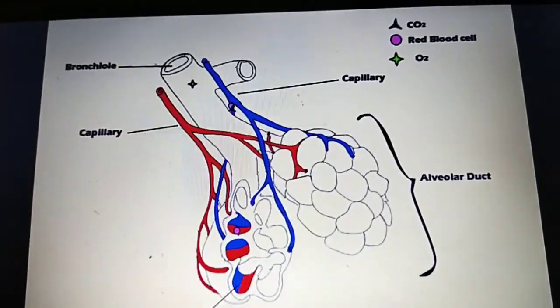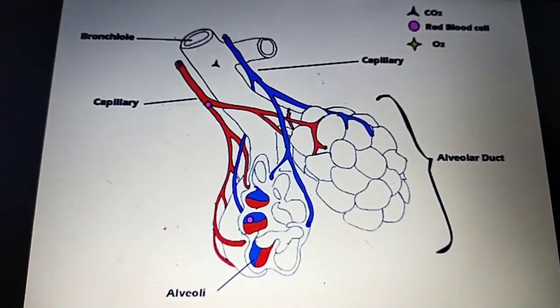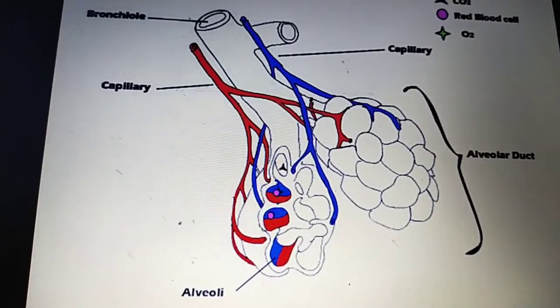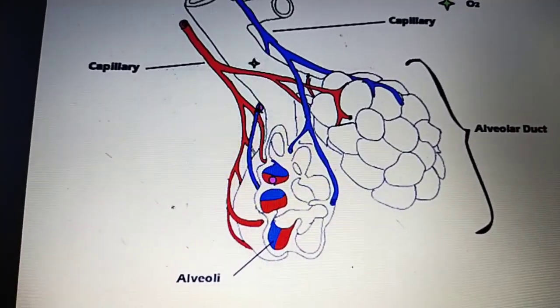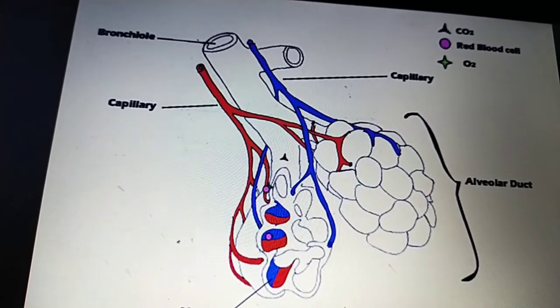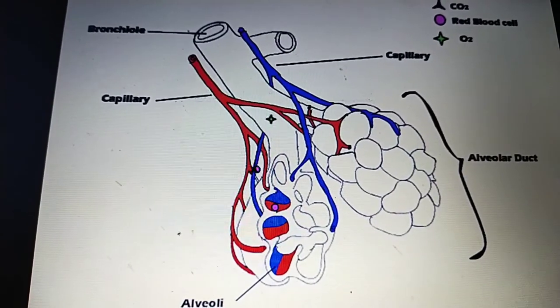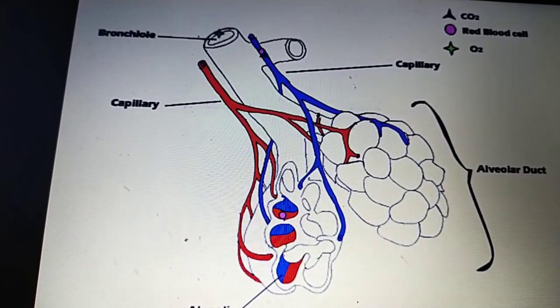You already know the anatomy of the lung, and the functional unit of the lung is the alveoli. Alveoli are nothing but air sacs, the site of gas exchange. We already discussed the respiratory zone and conducting zone.